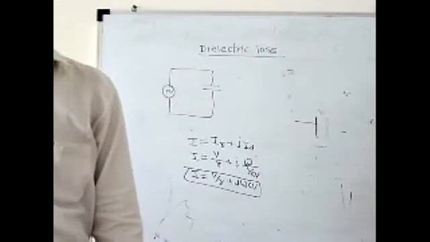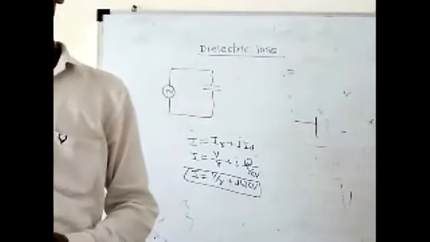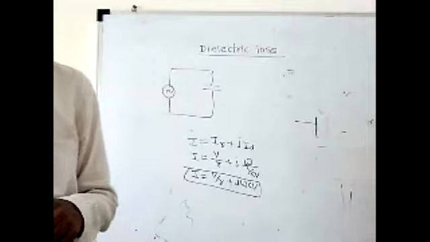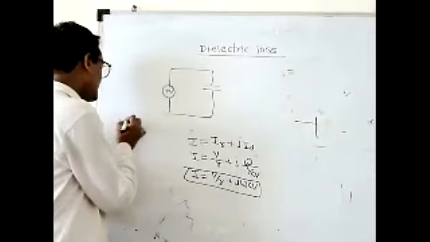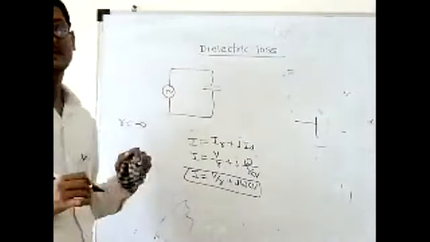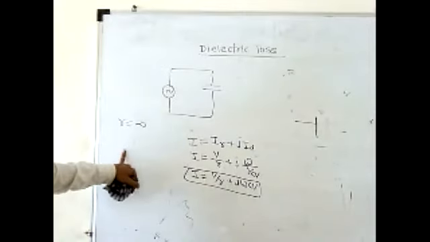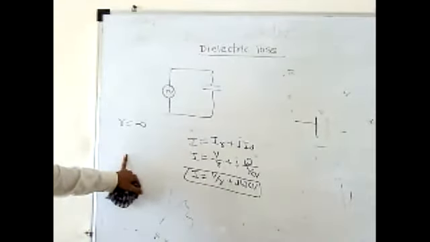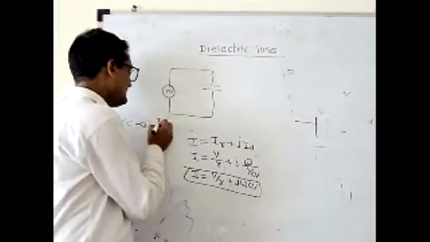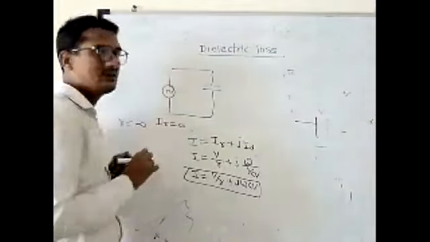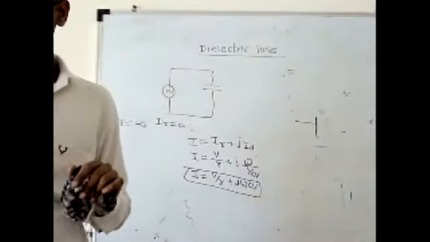In case of an ideal capacitor, the value of R is infinity. That means IR equals 0.